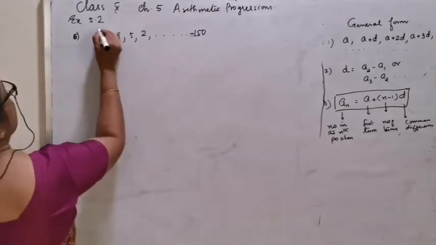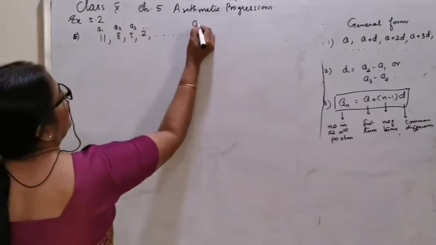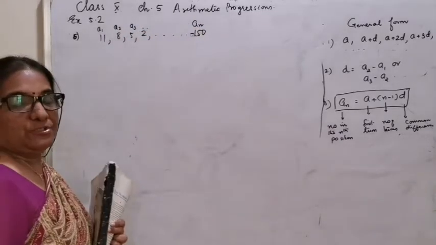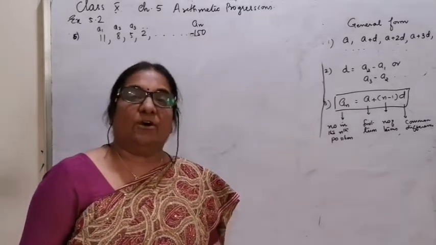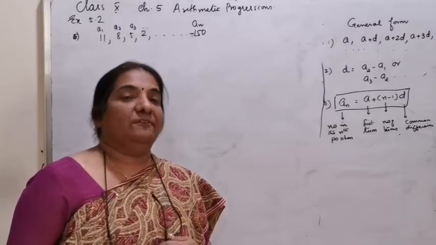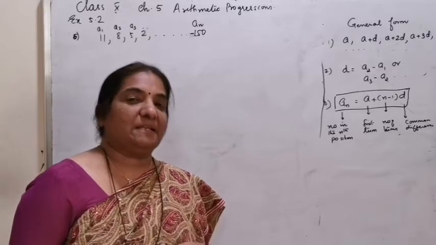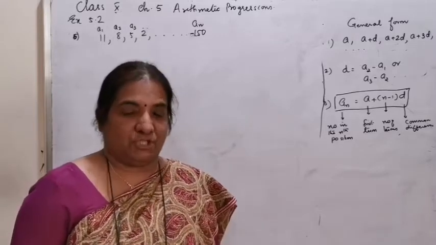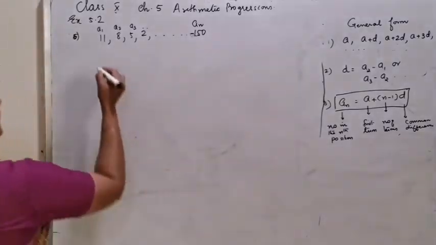Let us take it as A1, A2, A3, etc., AN. That means we are going to check, like the previous sum, whether minus 150 is belonging to that AP. How do you know whether it will belong or not? If the value of N is a positive value, that means minus 150 has a position in the AP. Let's get the value of N.